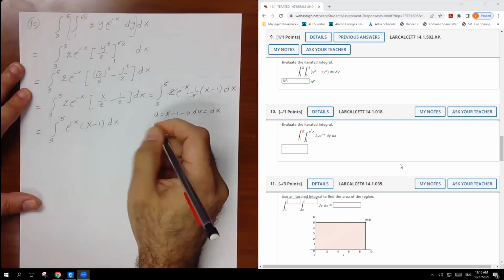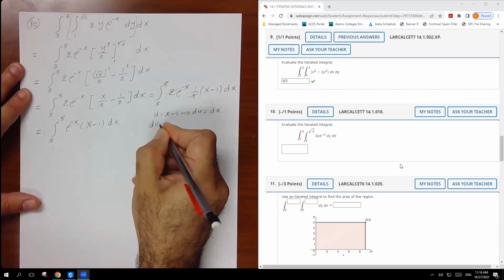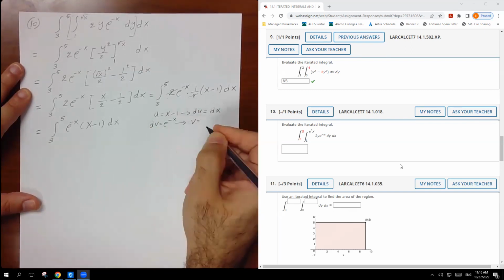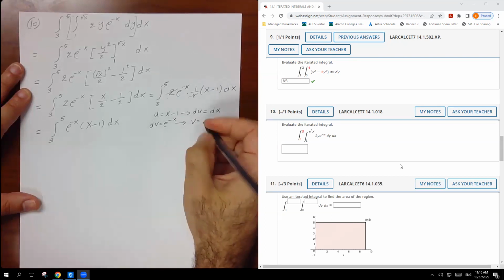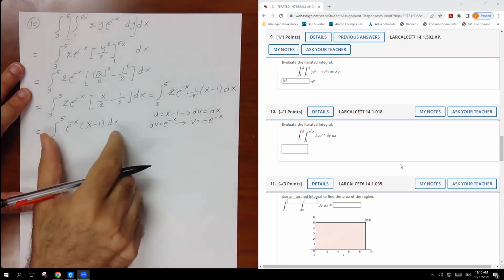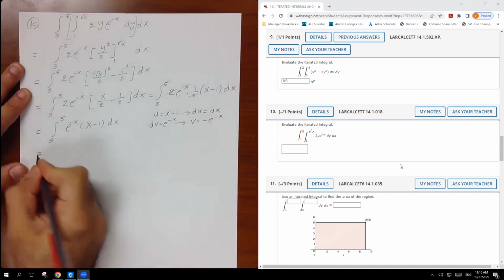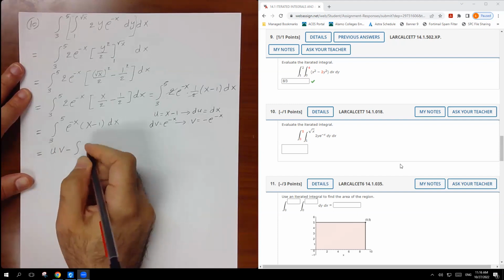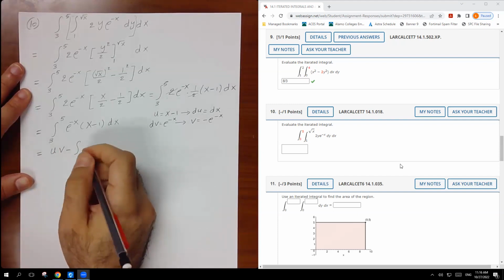And dv is going to be e to the negative x. That means the integral for this one, v, is negative e to the negative x. So the integral is going to be uv minus the integral of v du.